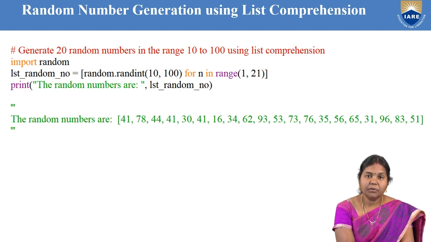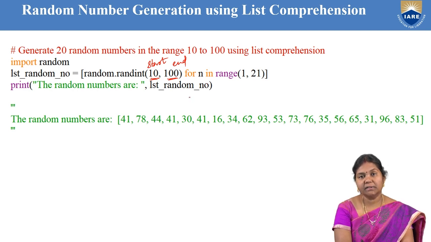First of all, to generate the random numbers, I have to import the random module. So, import random, and in the random module there is a built-in method called randint. I'm providing to this method the range of values: my starting value 10 to ending value 100. Within this range, it has to generate the random integer, and I want to generate only 20 random integers.